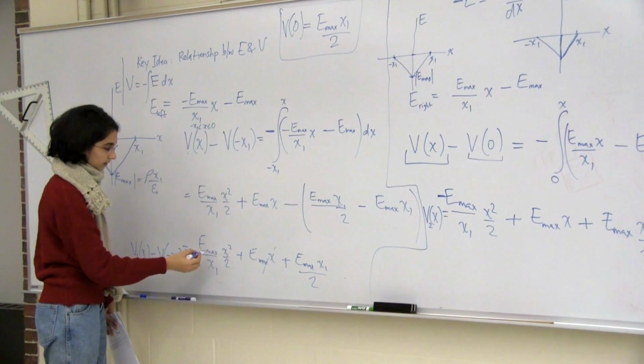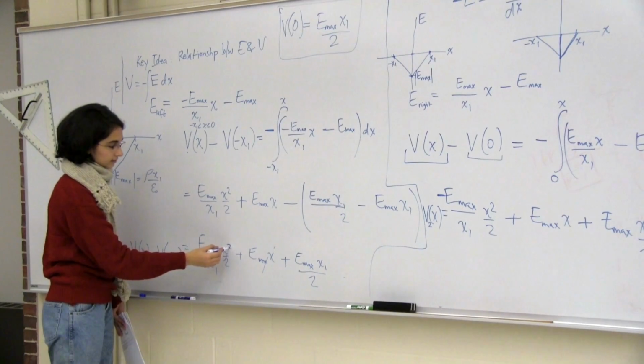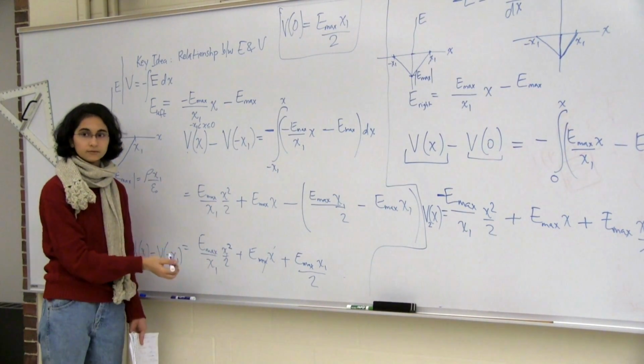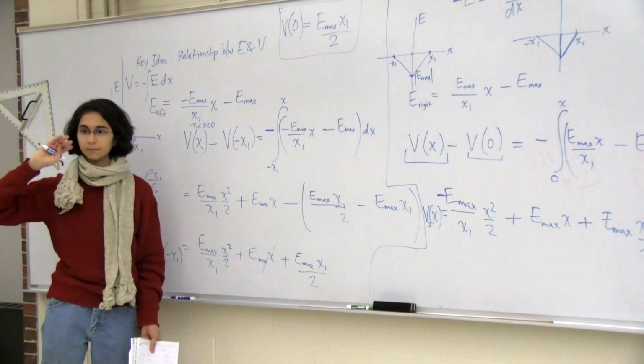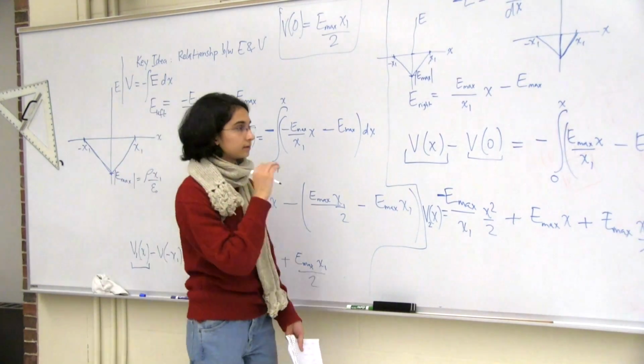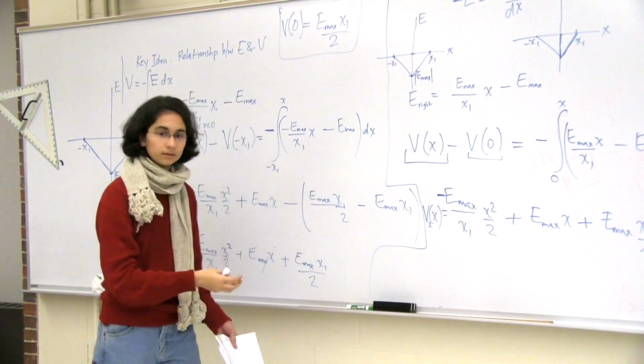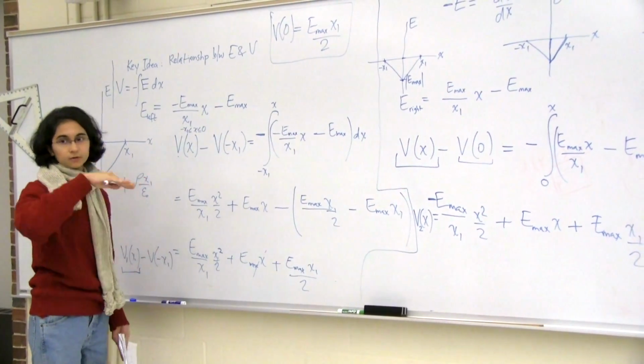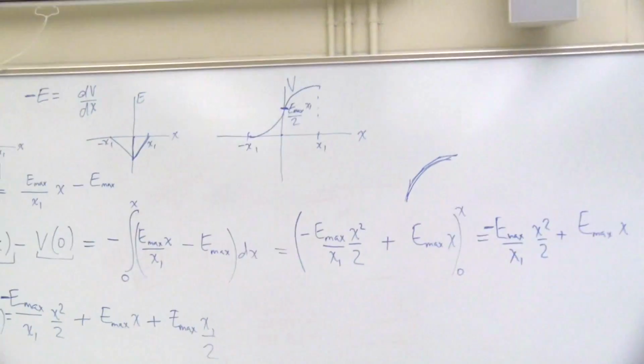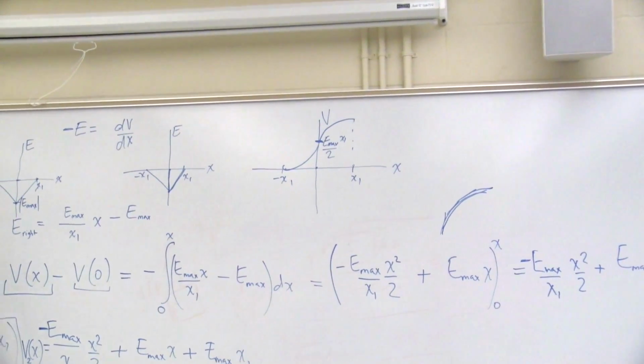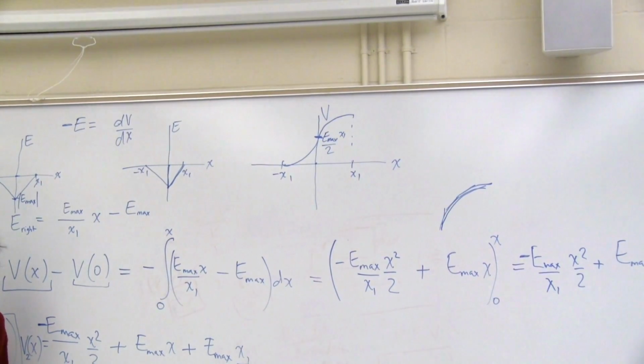So when you look at the coefficient of x squared, if it's positive, you have something that's curved up. Okay? So that's exactly what we got, right? We got a curved up parabola from negative x1 to 0, and we got a curved down parabola from 0 to x1.